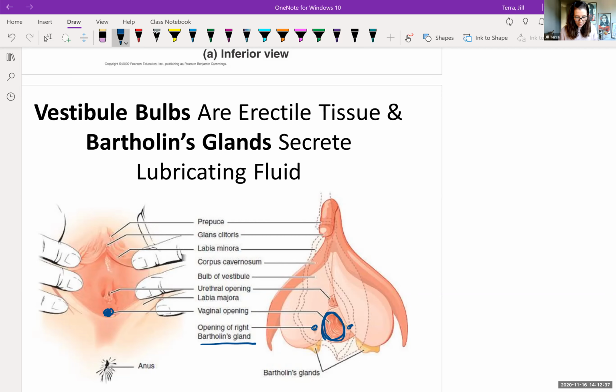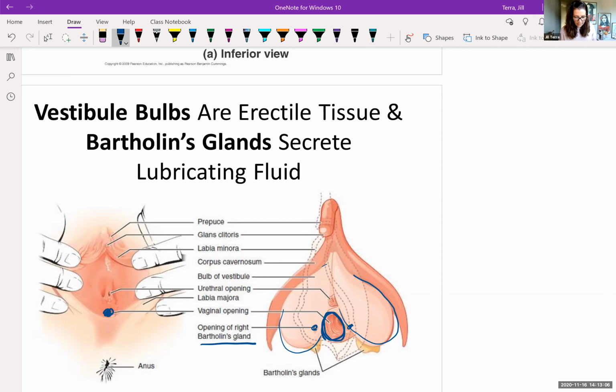And then here are the vestibular bulbs of erectile tissue, these peach bulbous structures flanking on both sides that basically enlarge and produce more friction around the male reproductive parts during sexual stimulation. And what's neat is here you can see all the internal portions of the clitoris.